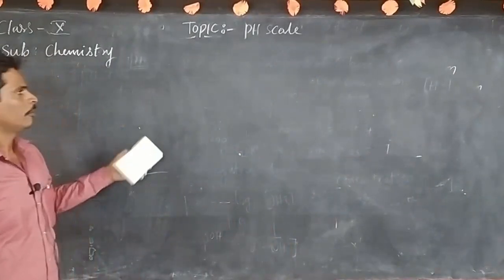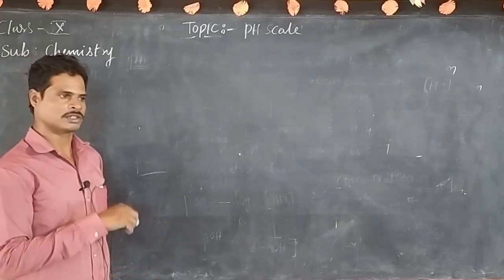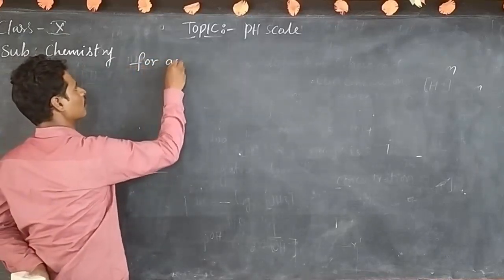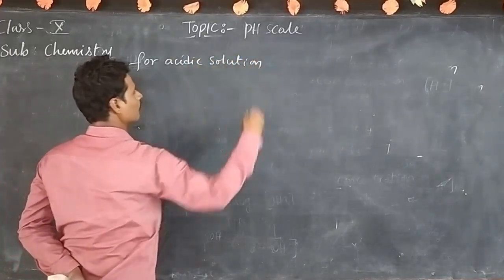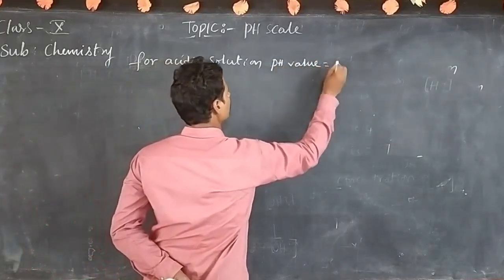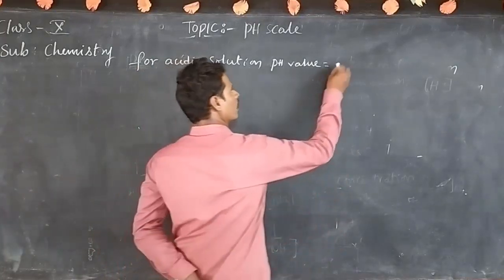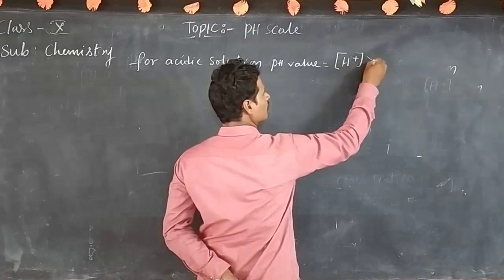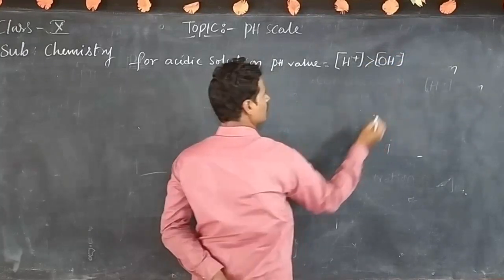Next, what happens to the pH value for acidic solutions? How can you identify the H plus ion concentration and OH minus ion concentration? For acidic solutions, the H plus ion concentration is more than the OH minus ion concentration.